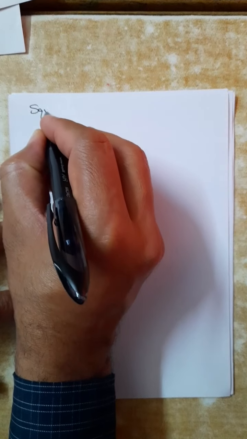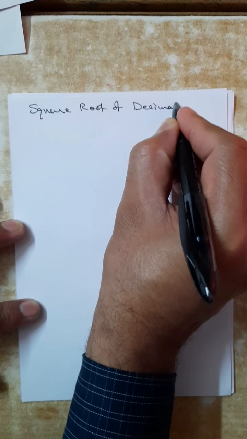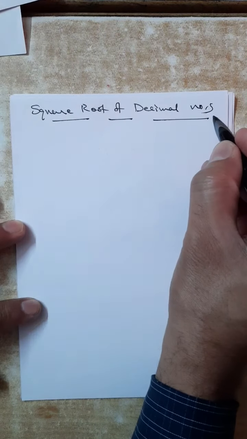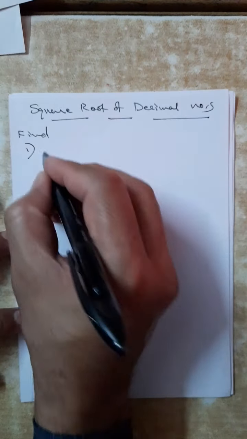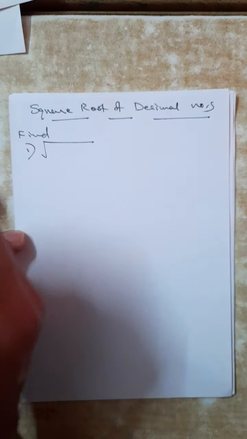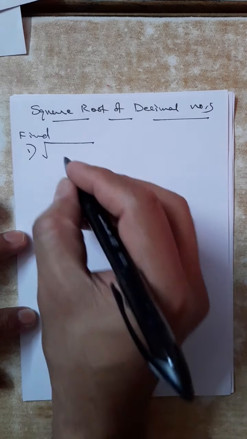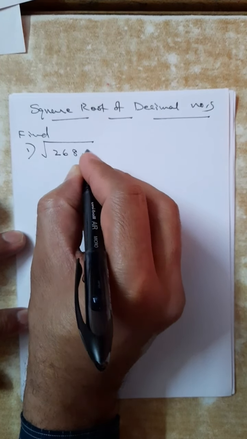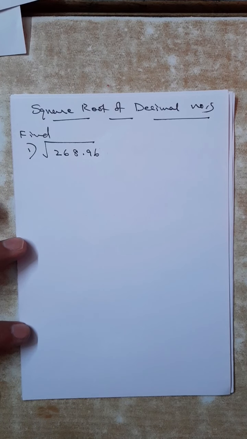Now let me discuss decimal numbers. How to find the square root of decimal numbers. Let this be the number 268.96.